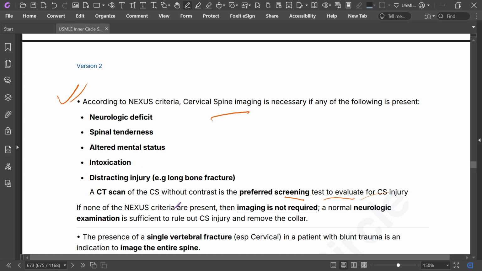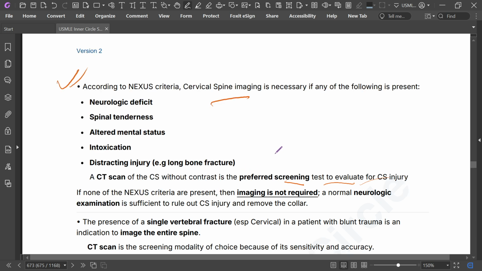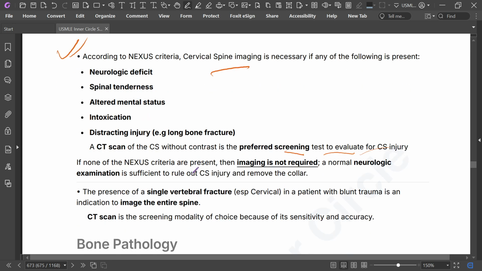If none of the criteria are present, like no neurologic deficit, spinal tenderness, altered mental status, intoxication, and long bone fracture, no imaging is required. A normal neurologic examination is sufficient to rule out cervical spine injury.